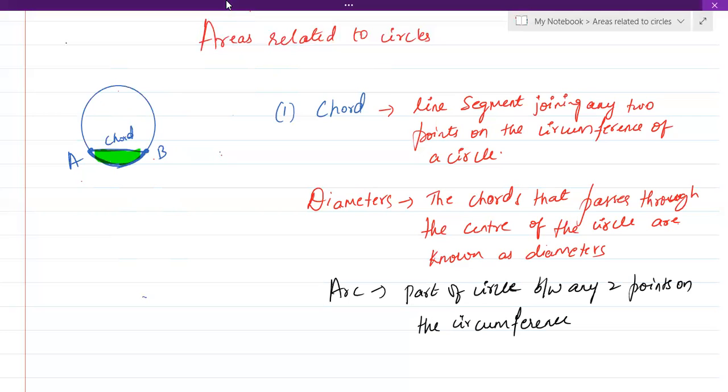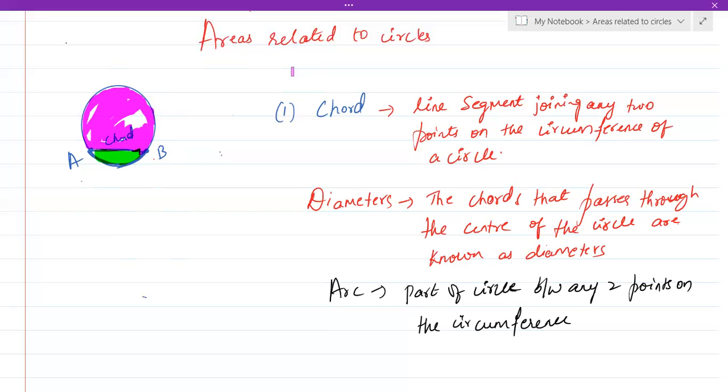Now, above also, if you observe, there is a region right here, as you can see. Let me shade it. Now that is also a segment, right? Because AB is the chord and the bigger one is my major arc, right? So the bigger in size is called the major arc, the smaller in size is called the minor arc.